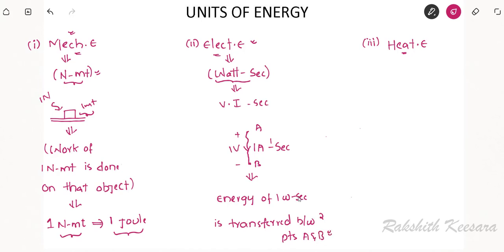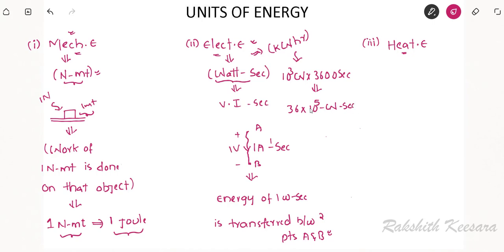But generally we will deal with very high amounts of energy. That's why we denote this in kilowatt hour, which is equal to 1000 watt into 3600 seconds. That is 36 into 10 power 5 watt second.